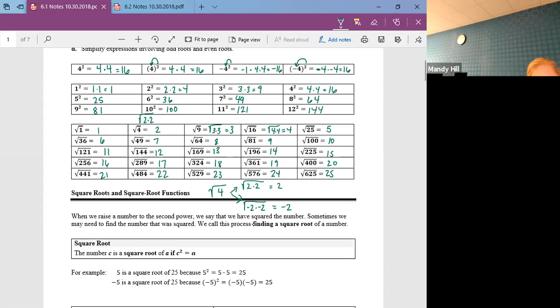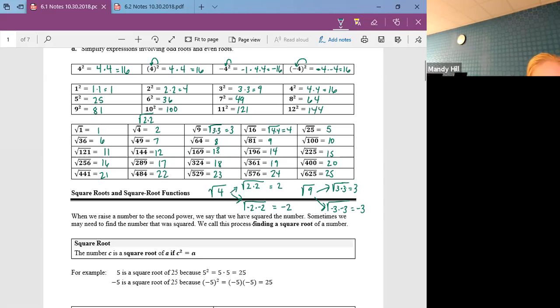If we look at 9, we know that 3 times 3 is 9, so the answer would be 3. But what happens whenever we take -3 times -3?